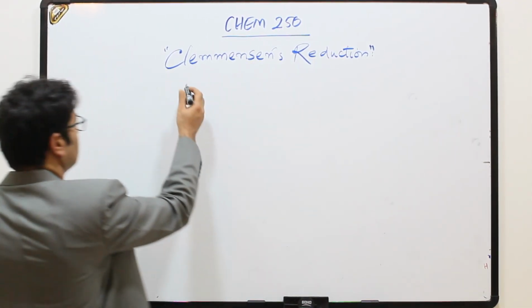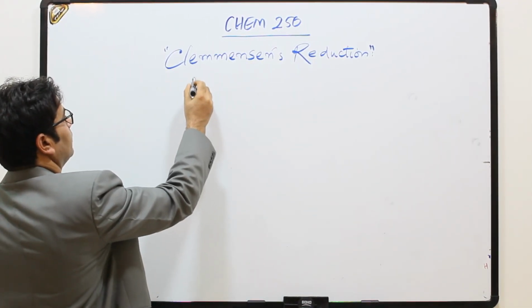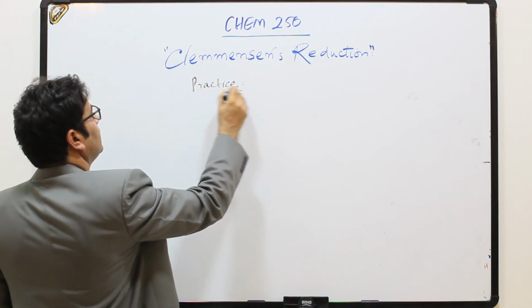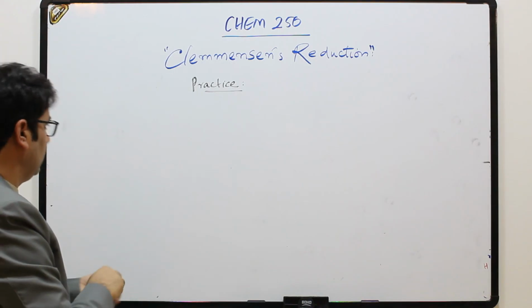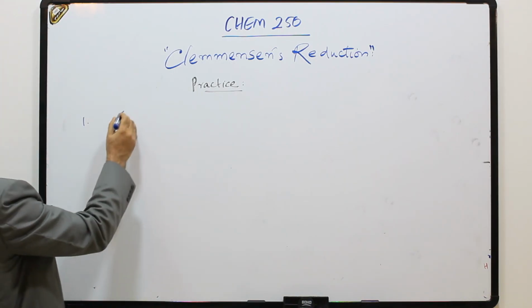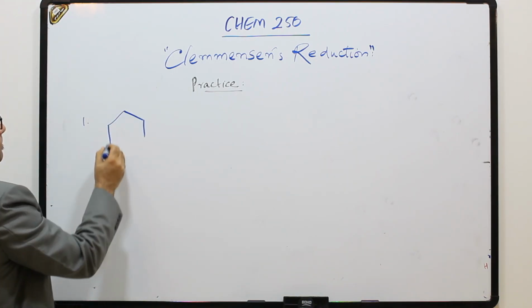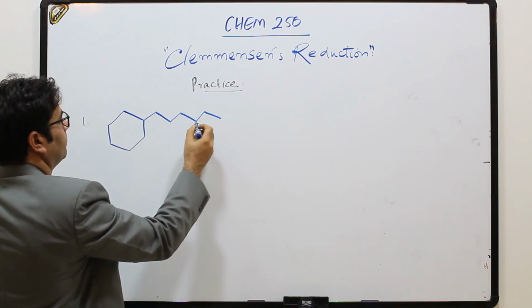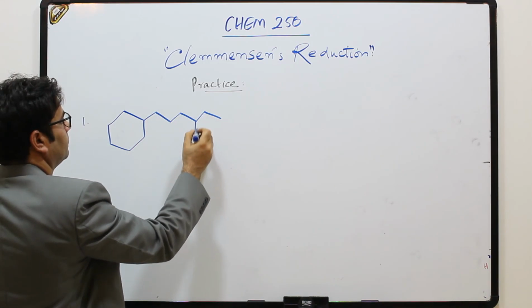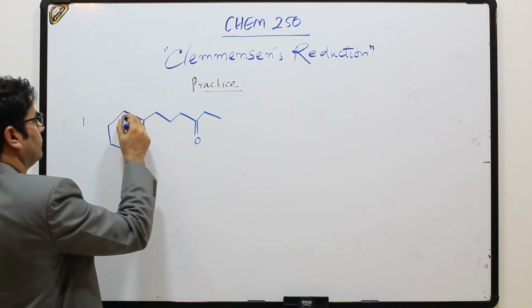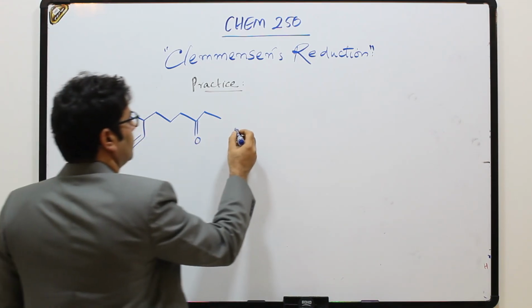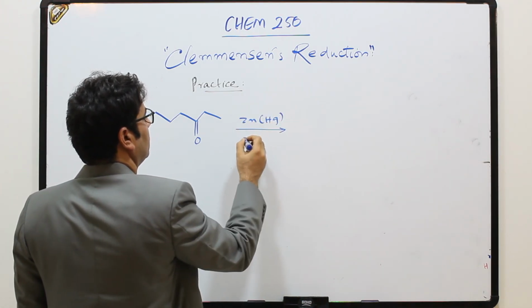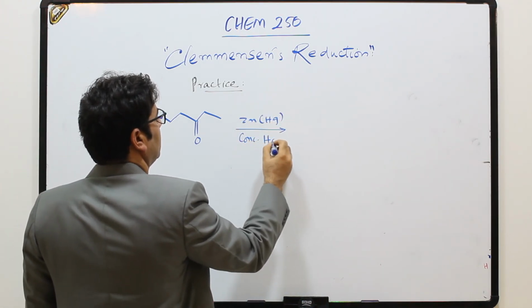Now we will give some practice exercises. Practice at home. Number 1, in presence of zinc mercury, concentrated HCl.